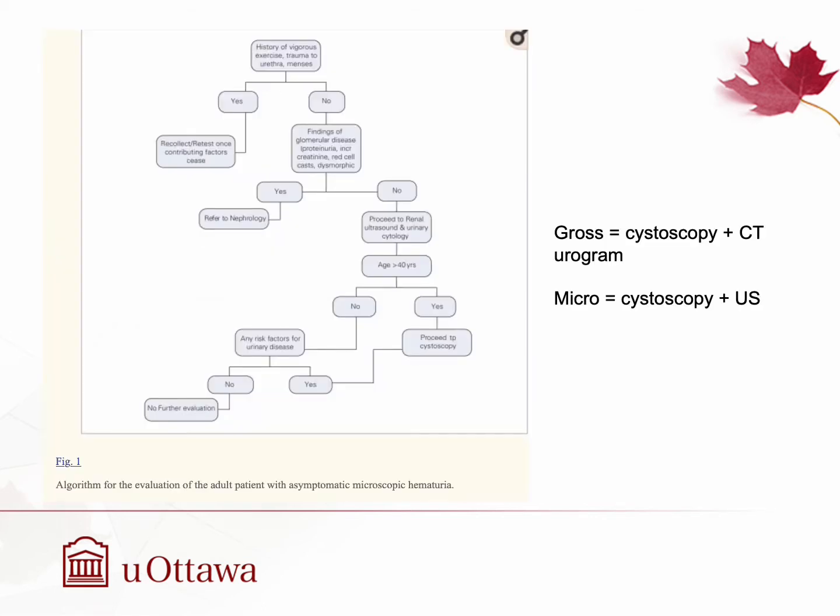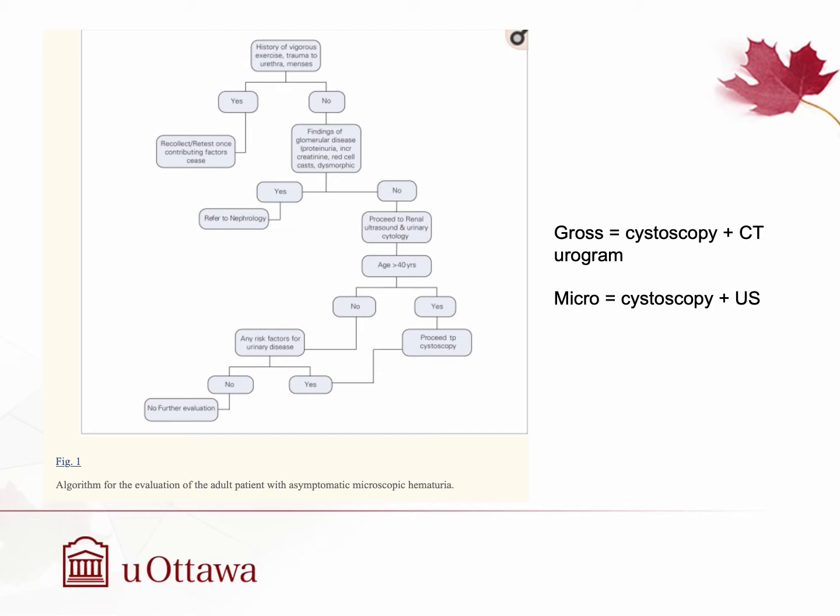The CUA guidelines have a nice little algorithm here that really prompts you to look for any historical aspects that might lead to a false positive. If there are no other potential reasons for the hematuria, you're also looking for potential findings of glomerular disease, such as significant proteinuria.